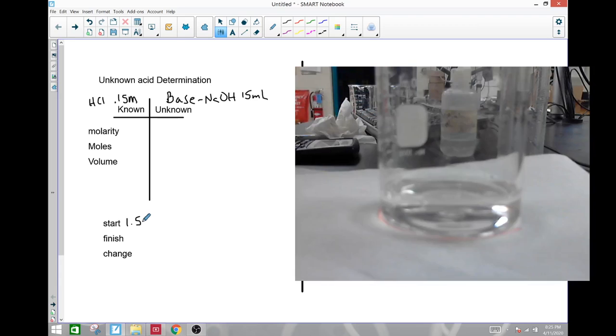Very nice. My ending volume is 6.9 milliliters.